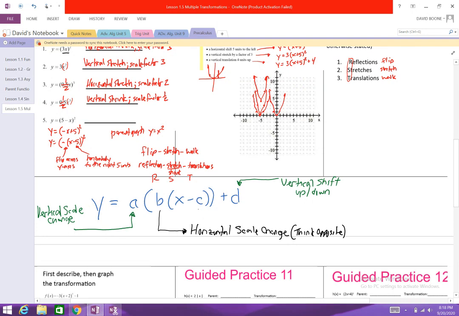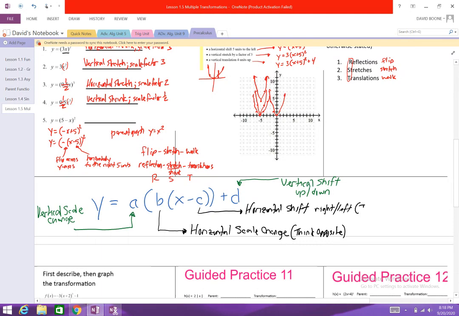This number right here, the C value, that's inside the parentheses by the X, that's going to be our horizontal shift. And when we horizontally shift, that's a translation. We're thinking either right or left.